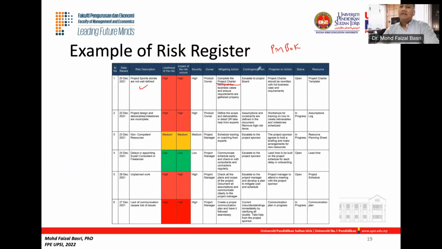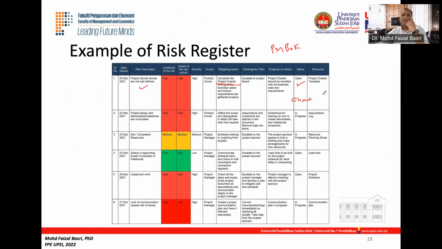So what is the contingency plan? If this is not taken, you need to highlight the issues to the project board. So they have a higher level to which they need to report if there's any incomplete project charter, for example. The project charter should be rewritten with a full business case and requirements. And what is the current status? Is it open or in progress, or sometimes the risk is already closed.